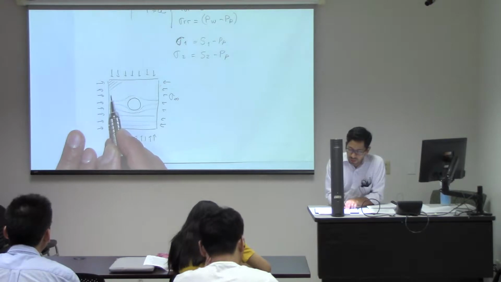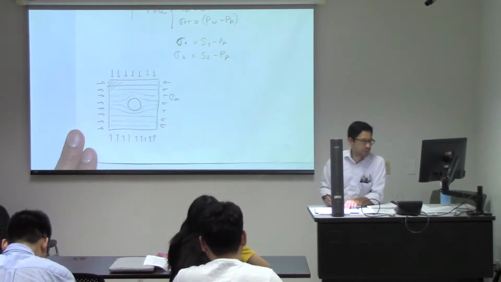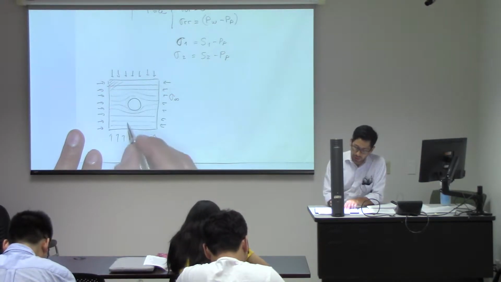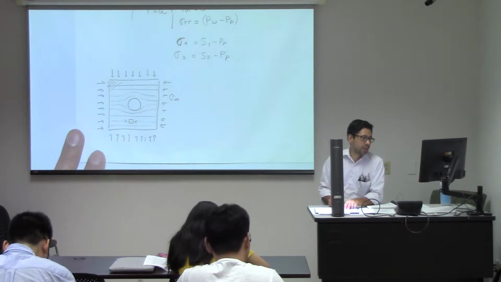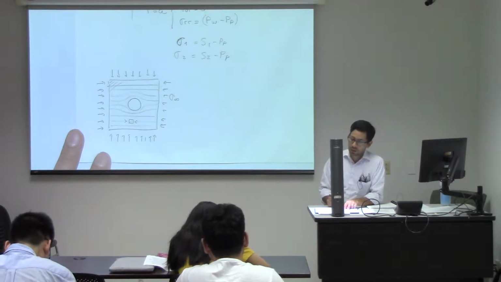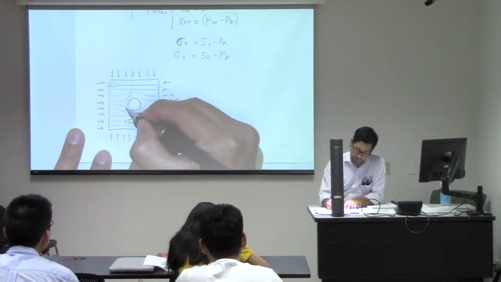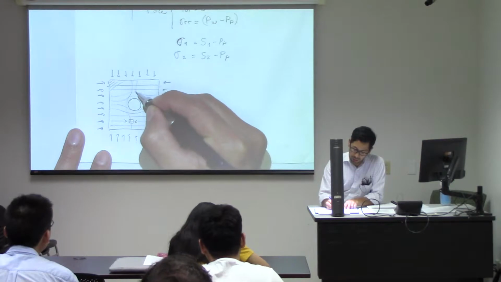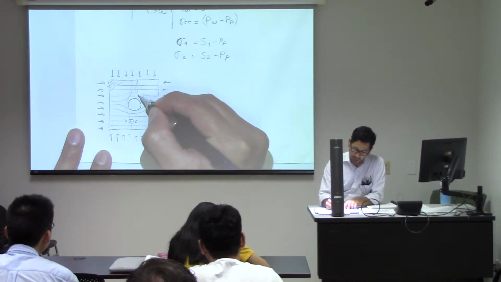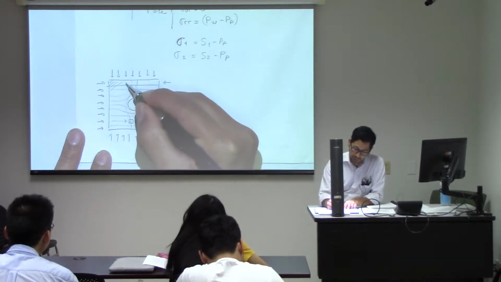But these are principal stress lines. So here you have compression, and let's say they have a solid over there, it will be under compression. Similarly, if we analyze the stresses in the other direction, they will also start straight, and then they will bend.